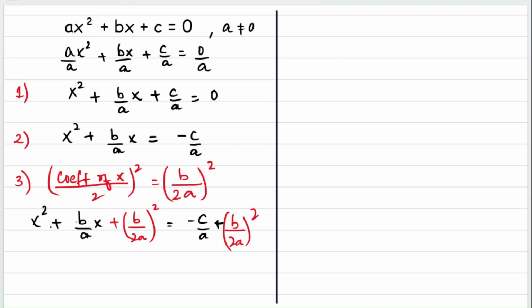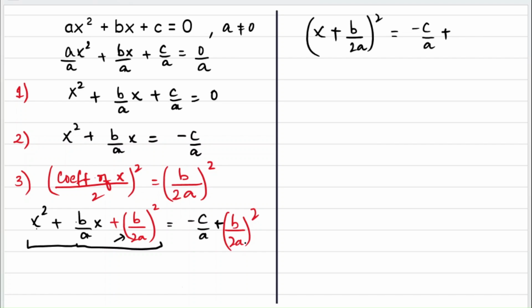Now, if you look closely, this left side is the perfect square of a binomial. And what is that binomial? That binomial is x plus always this term which we have just added, b over 2a. So it's (x + b/2a)². So we have written the left side as the perfect square of this binomial equals −c/a + (b/2a)².